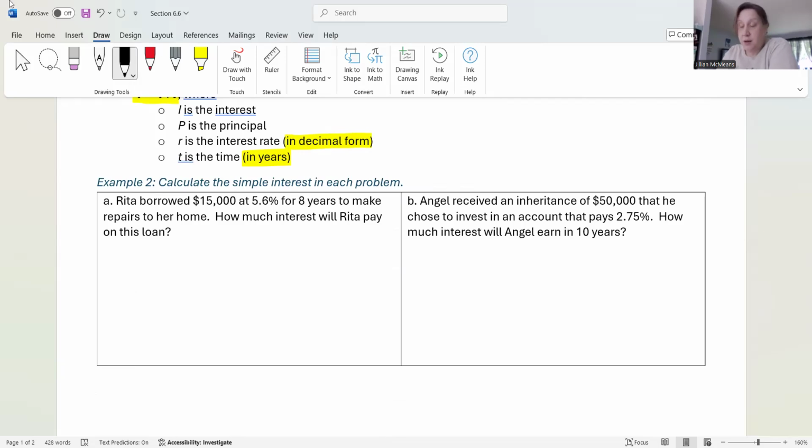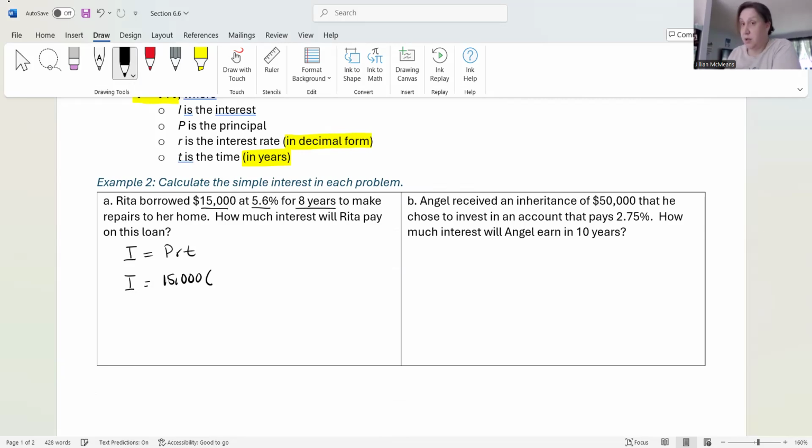Rita borrowed 15,000 at 5.6% for 8 years to make repairs on her home. How much interest will Rita pay on this loan? What you need to remember is the interest formula is I equals PRT. We're looking to calculate the interest, so we need to know the principal amount borrowed. Rita borrowed 15,000.